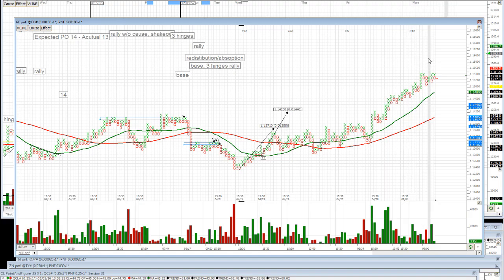I really don't know where it's going, but I do notice that this last rally had increasing volume. After this rally began, you have volume here that was taken out, and now you have volume here on this rally, and it might form a base over here. I'm not saying it is or isn't. We'll see what happens.